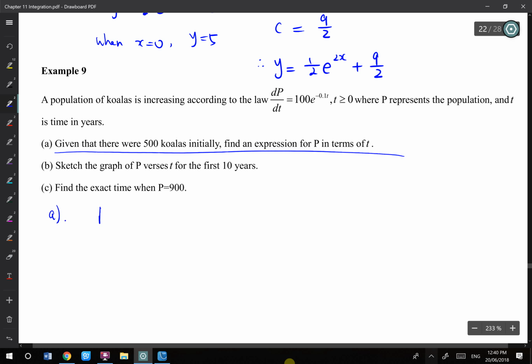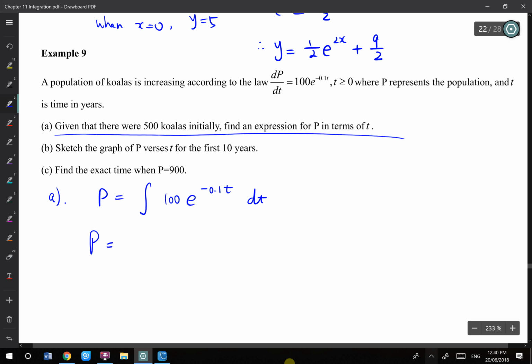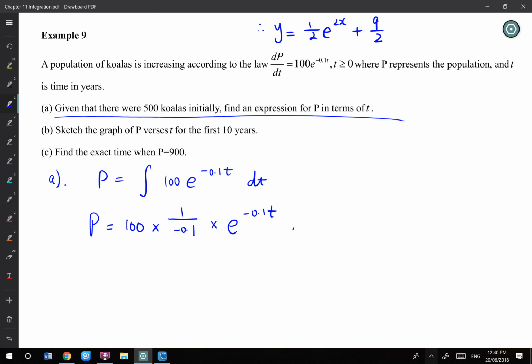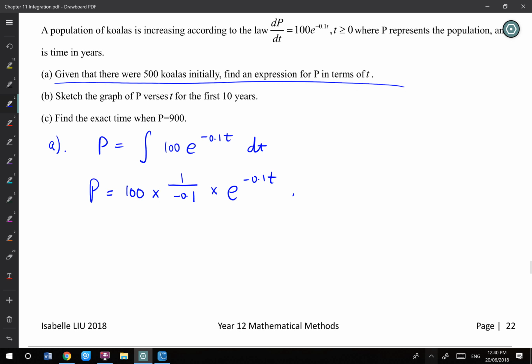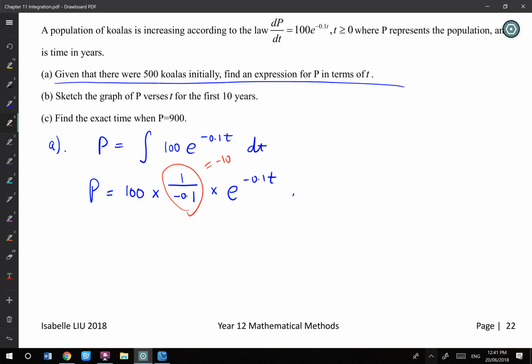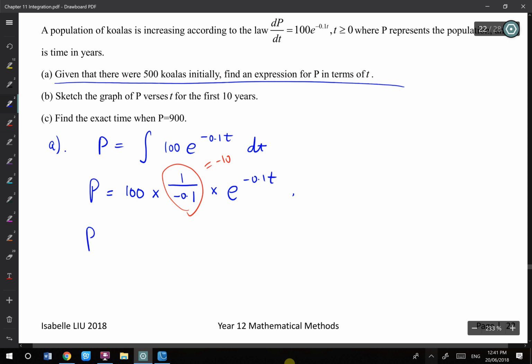So p will be the integral of 100e^(-0.1t) dt, and p will be 100 times 1 over negative 0.1 times e^(-0.1t). We divide by a, so times 1 over a, where a is the coefficient of t. 1 divided by negative 0.1, you times 10 on both top and bottom, so that's negative 10. So P is negative 1000e^(-0.1t).